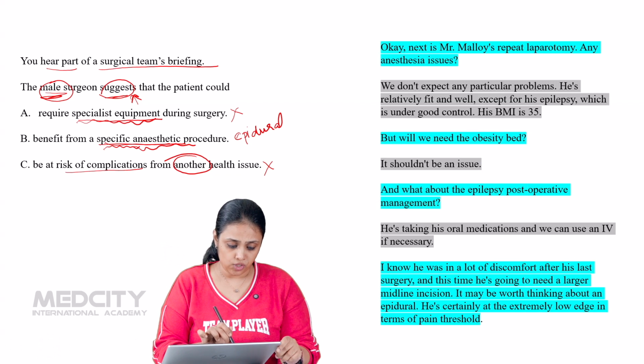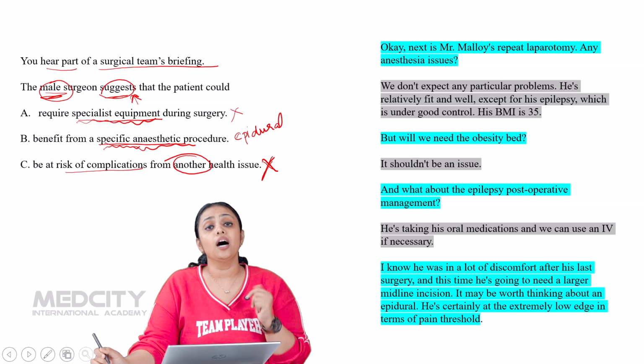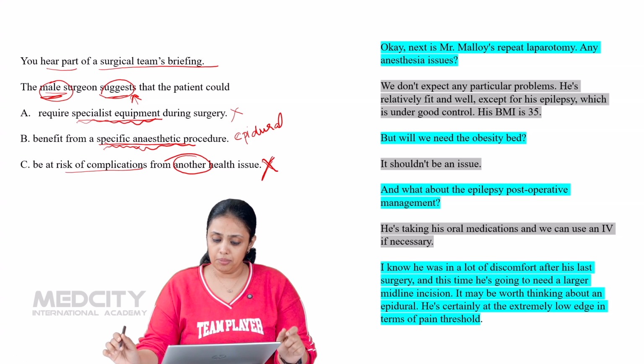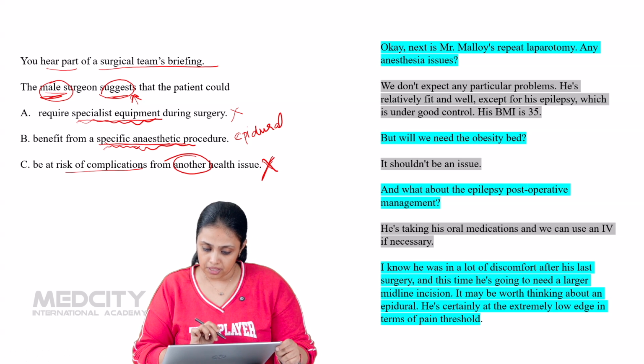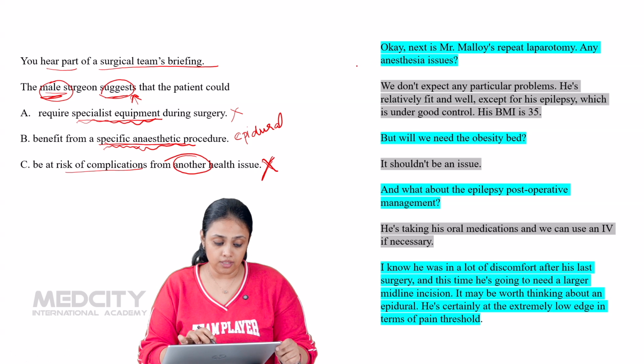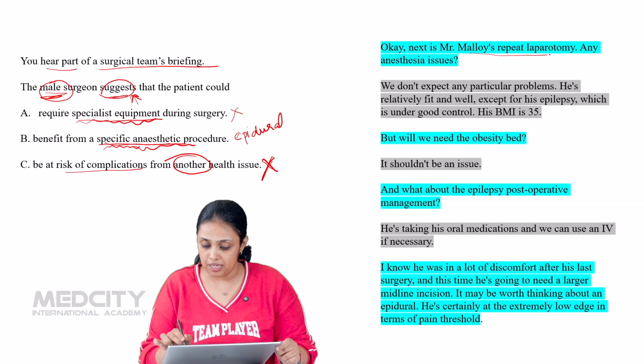First, this option got eliminated. That is option C, the risk of complications from another health issue. How did that get eliminated? If you look through the transcript, you can see the male surgeon is asking, next is Mr. Malloy's repeat laparotomy, any anesthesia issues?